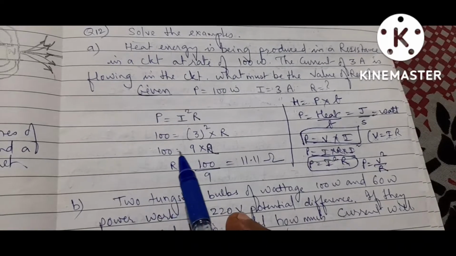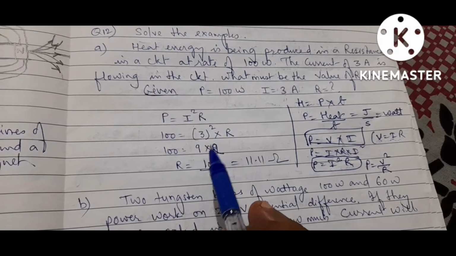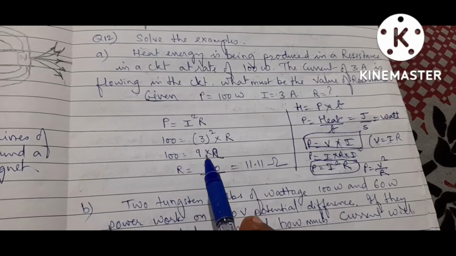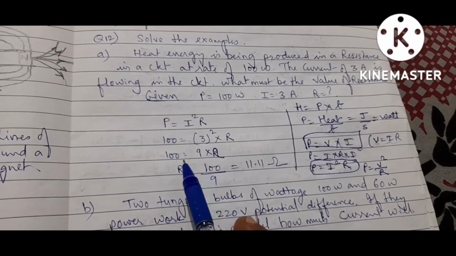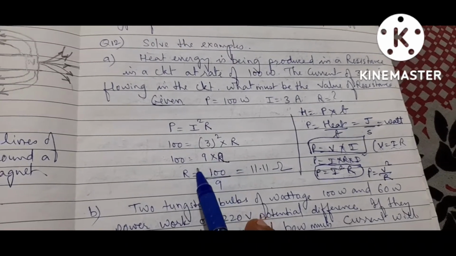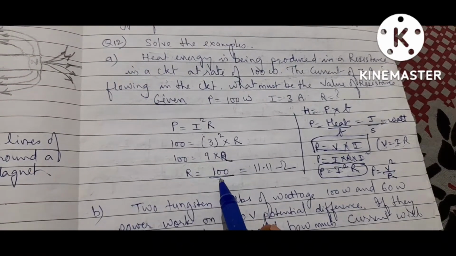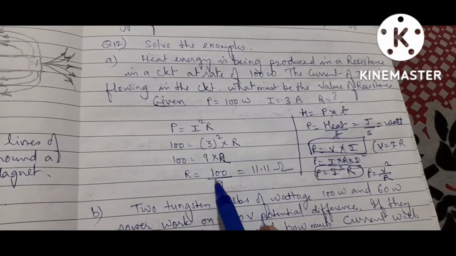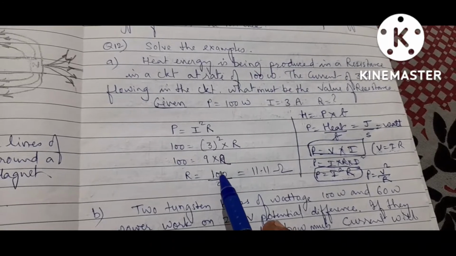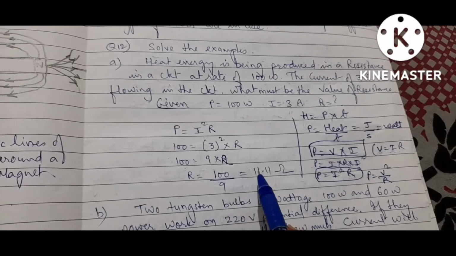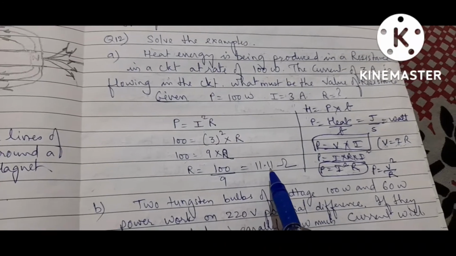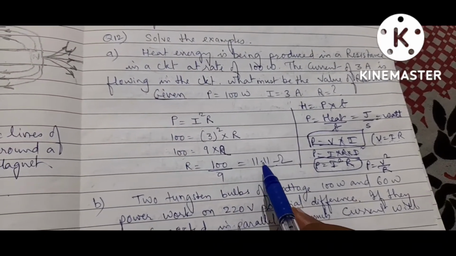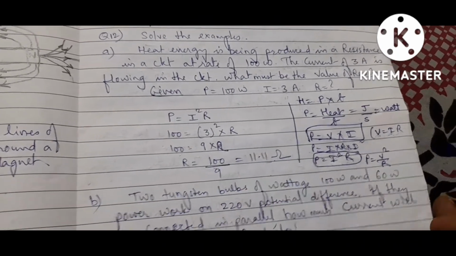So 100 as it is, into 3 into 3, that is 9, into R. We can write 100 is equal to 9 into R. So R is equal to 100 upon 9. If we divide 100 by 9, 9 ones are 9, then 1 is remaining, 10 is there, again 9 ones are 9, so we get 11.11 ohm. In the textbook it is given as 11 ohm. So this is the first numerical.